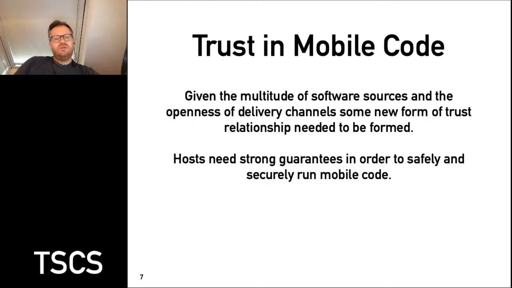And the hosts, so the ones that actually run the mobile code, need some strong guarantees in order to safely and securely run mobile code. These are, by the way, guarantees that you do not have if you compile down to the target platform and deliver that. So mobile code in the intermediate language gives you the opportunity to actually establish some strong guarantees.